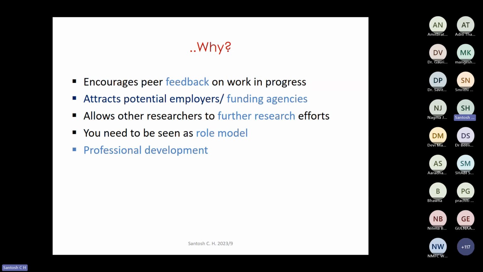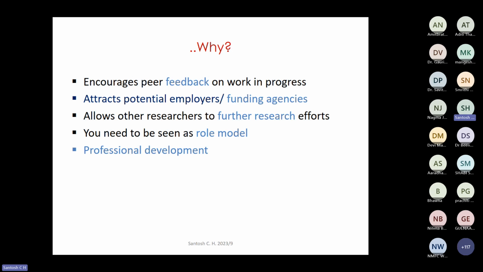So if you are really bright and if your ideas are really bright, then definitely you are seen as a role model online. And also it helps for your professional development, right? So when you are showing yourself online, this really helps you for your professional development. Professional development in the sense you may get some invitations, you may get some recognition.